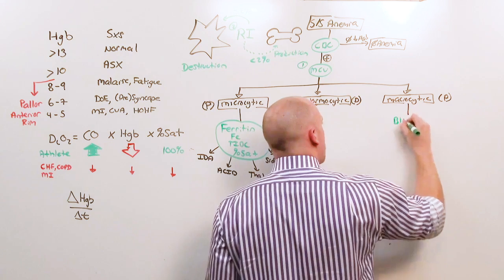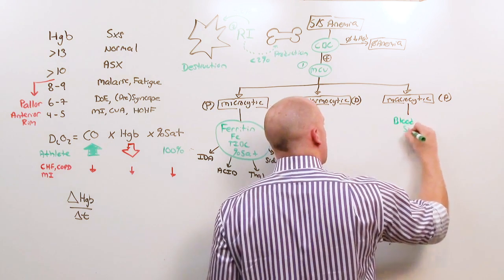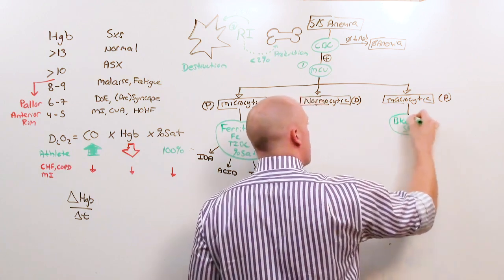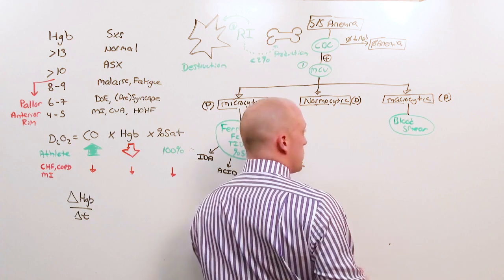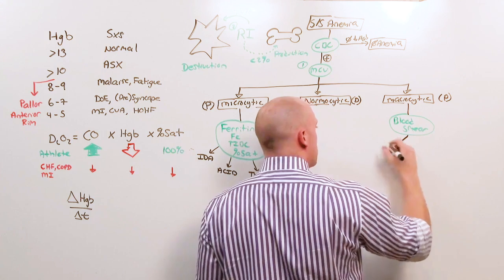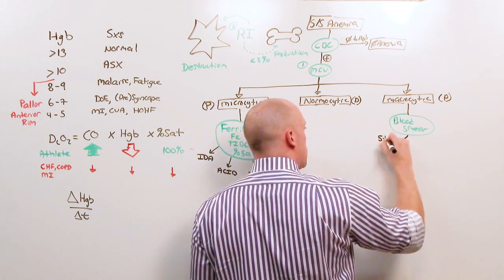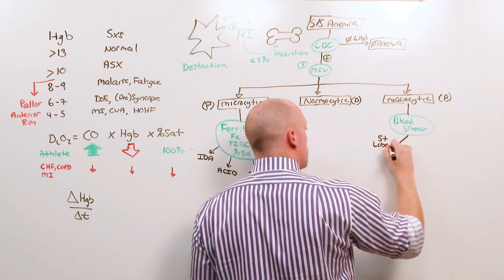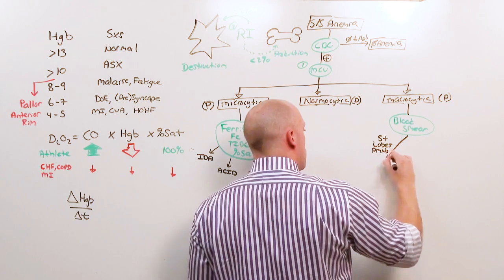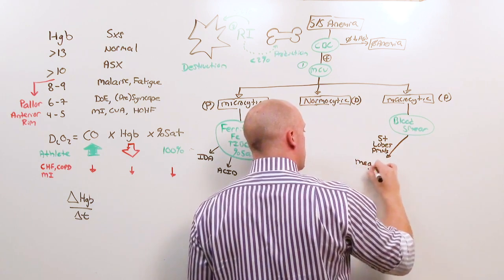Now, in real life, if there's an abnormality on the CBC, you'll get a reflexive blood smear. But on the test, you may actually have to order it. What you're looking for is hypersegmented neutrophils. That is, if you have 5 or more lobes on your PMNs, on your neutrophils, you have a megaloblastic anemia.